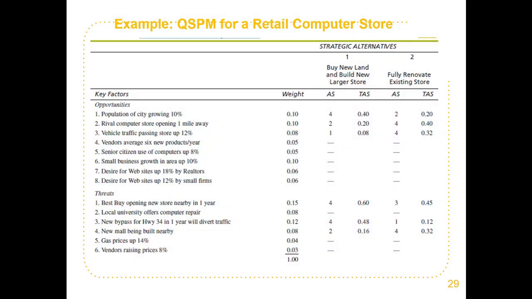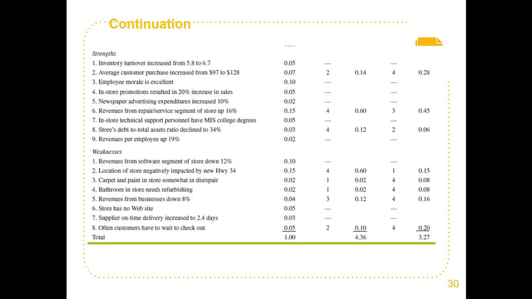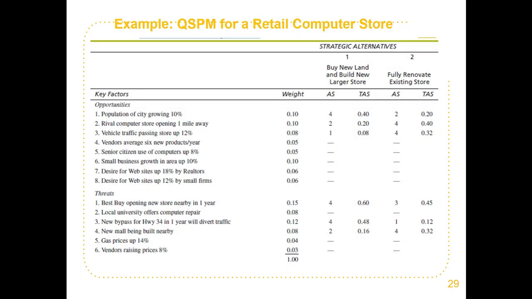Okay, so this is an example of a QSPM for a retail computer store. You have to list your key factors. We have opportunities, threats, and we also have strengths and weaknesses. You have to indicate the scores from your IFE and your EFE matrix. On top of your QSPM would be your strategic alternatives.